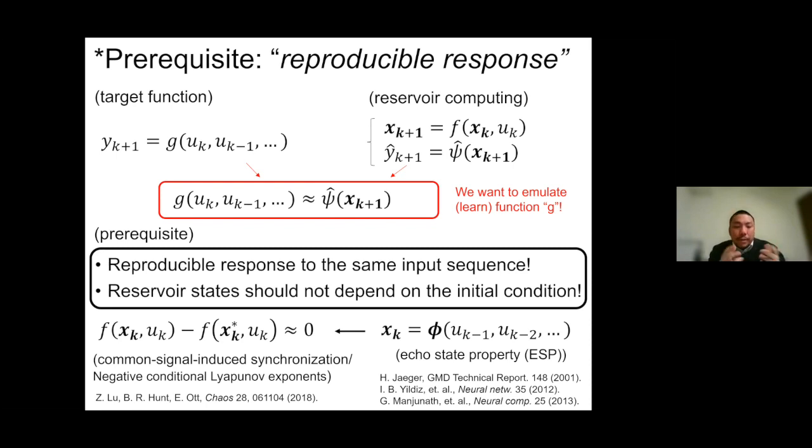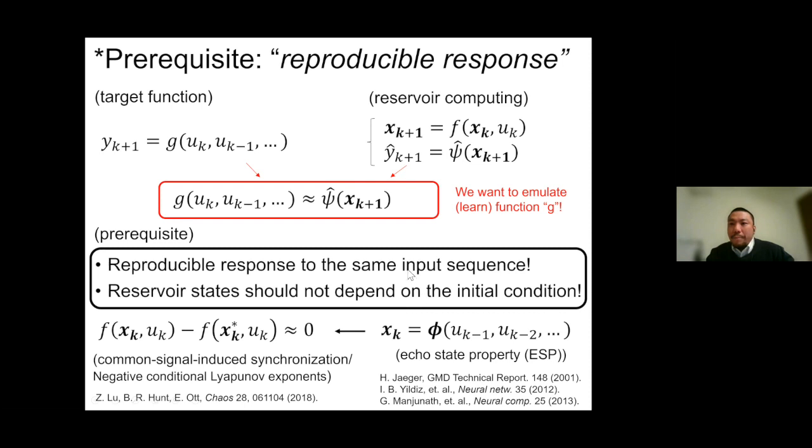If it shows the same response, then common signal-induced synchronization occurs. And also, you can analyze the conditional Lyapunov exponent of the system, and if it is negative, then it has this kind of property.